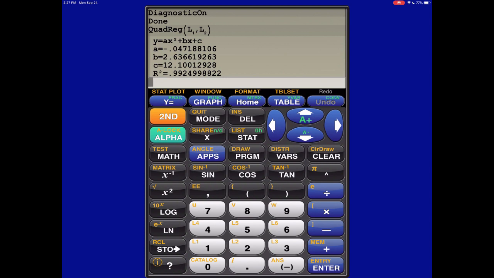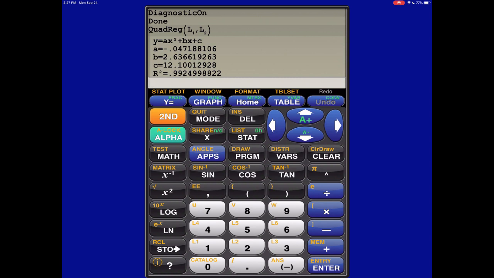So now I've shown you how to clear a list and turn the diagnostic on. The only thing I haven't shown you how to do is delete that. Now, how to find part B is to find the max.